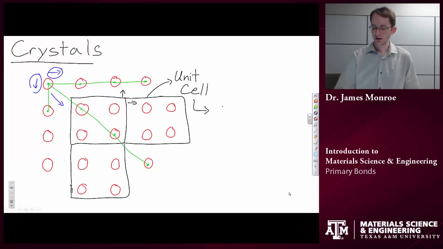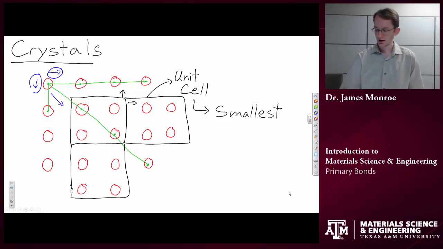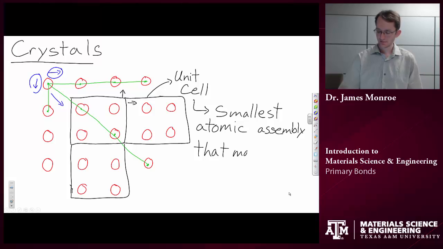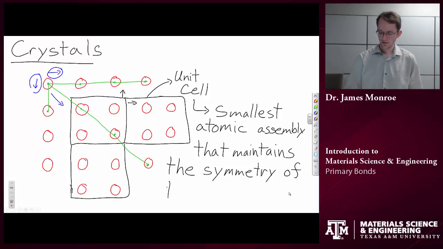The unit cell is the smallest atomic assembly that maintains the symmetry of the crystal.